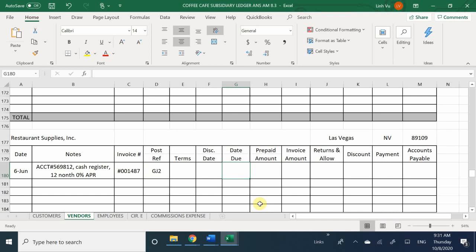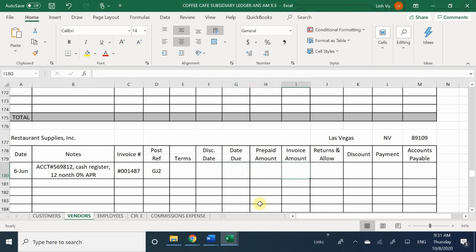Since I financed it for 12 months, 0 APR, they're just going to calculate the total amount divided by 12, and they're going to let me know how much I actually truly owe every single month. Okay? So in this case, I'm going to ignore those 3 boxes.